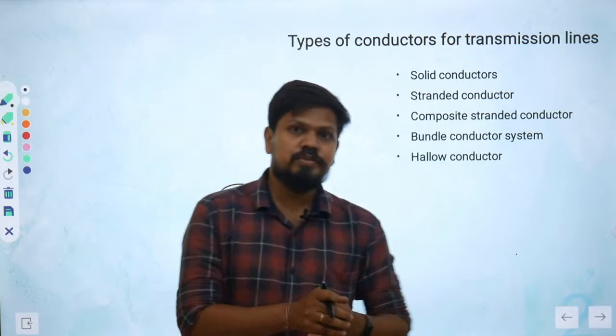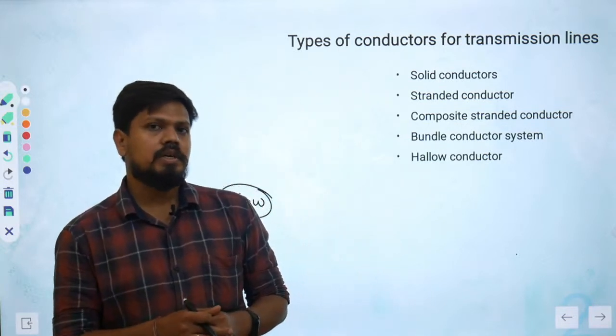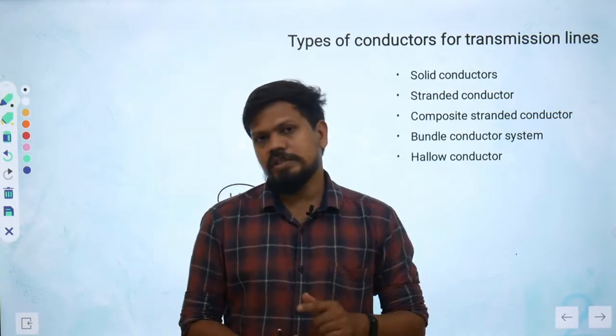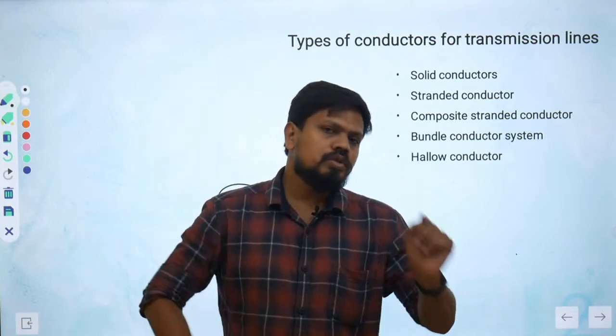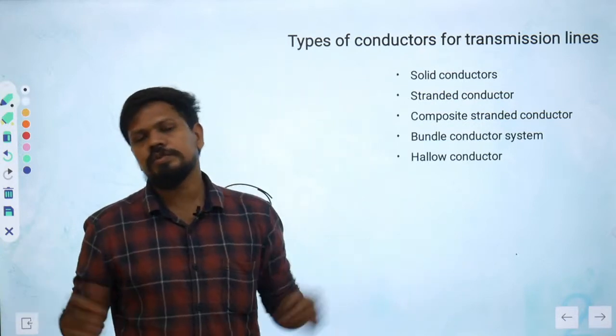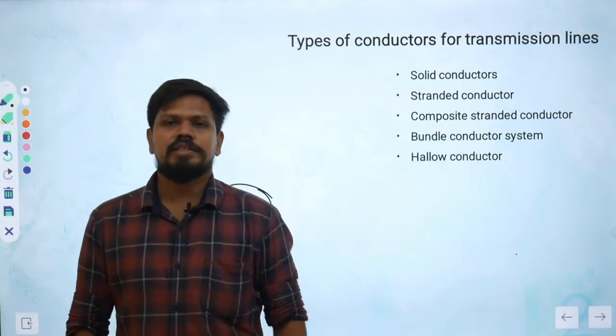These four subjects are the major syllabus. Among them, machines and power systems have very huge concepts. Once you study in order, then only you will be able to answer properly.